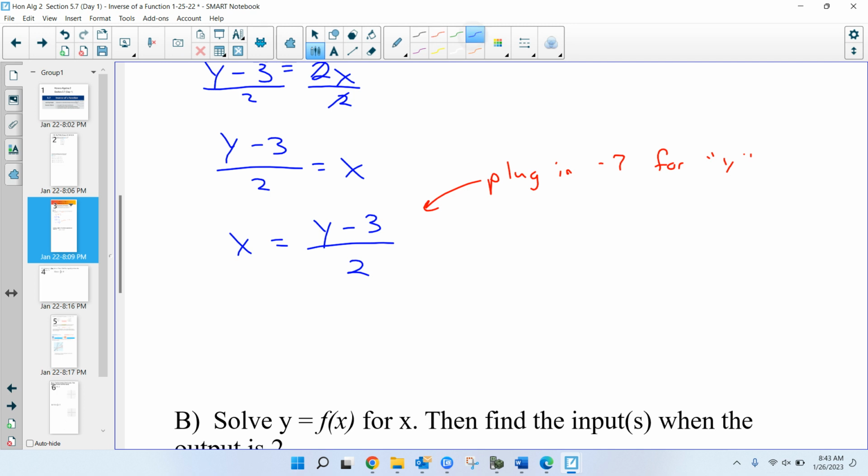So we have x equals negative 7 minus 3 divided by 2. Negative 7 minus 3. Negative 10 divided by 2. Negative 5.